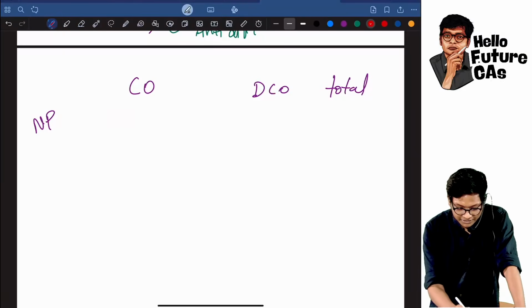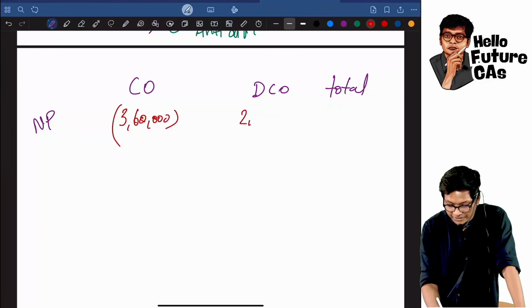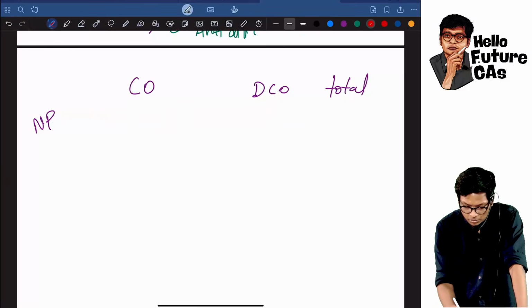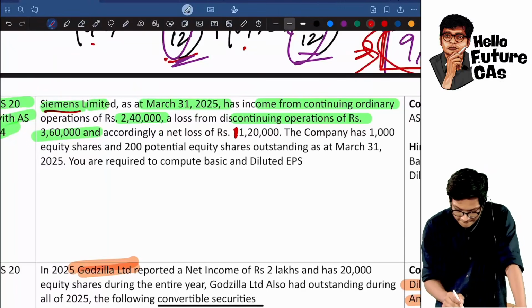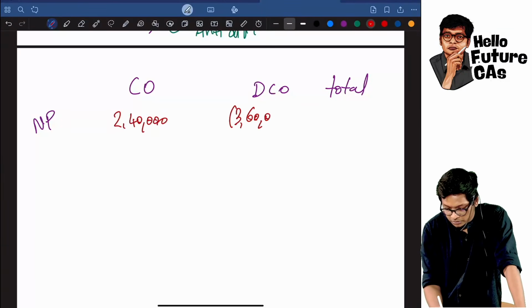Continuing operation is 2,40,000 income. Discontinuing is a loss of 3,60,000, and the total loss is going to be 1,20,000.